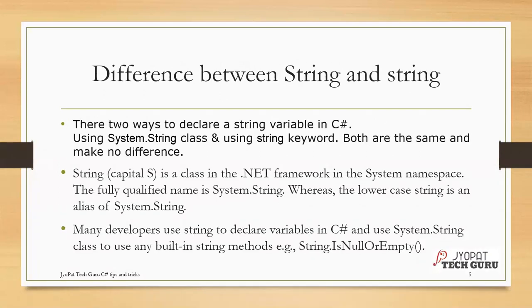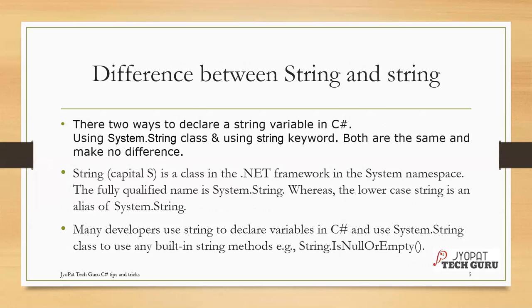So what is the difference between capital String and small string? There are two ways to declare a string variable in C#. Either you can use the System.String class or you can use the string keyword. Of course, both are the same and there is no difference at all. Then why do most developers prefer capital String or small string?